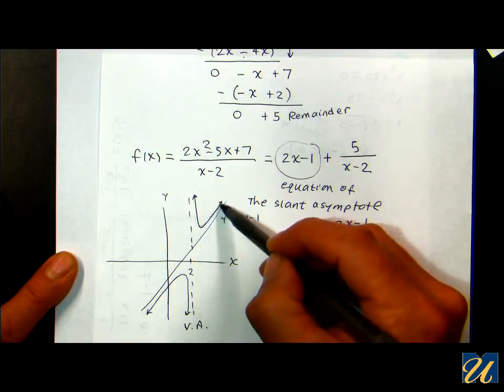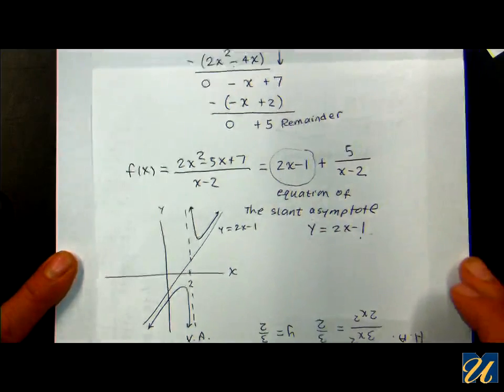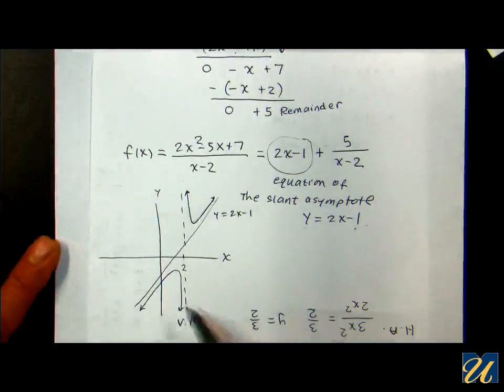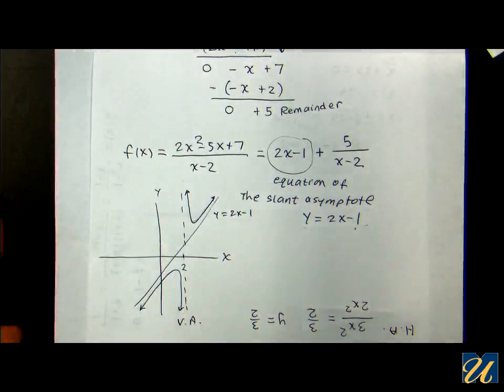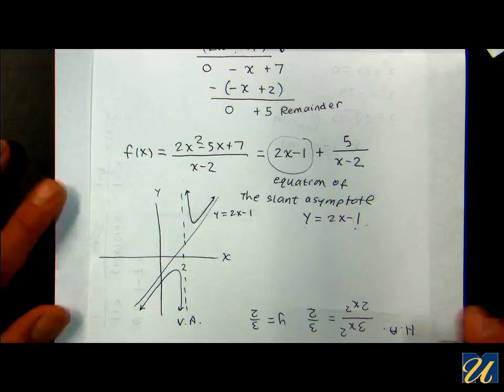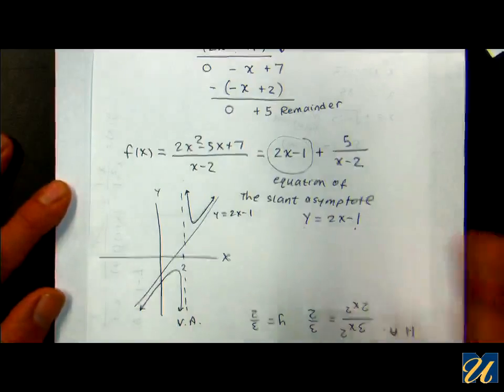It almost becomes perfectly straight as it approaches that slant asymptote. And it does so here as well. A very curious feature of rational functions. They're tough to frame in a box. They don't all belong in the same box. Let's see what else we have remaining to do.